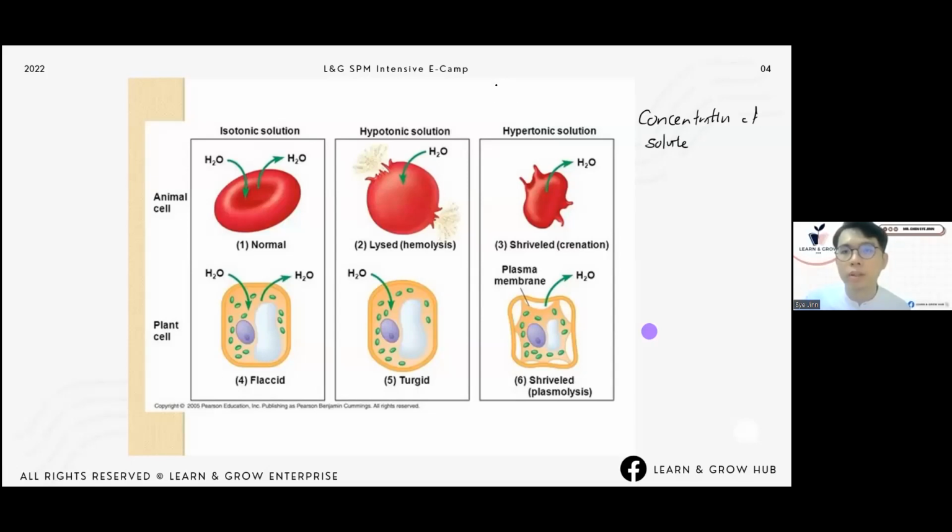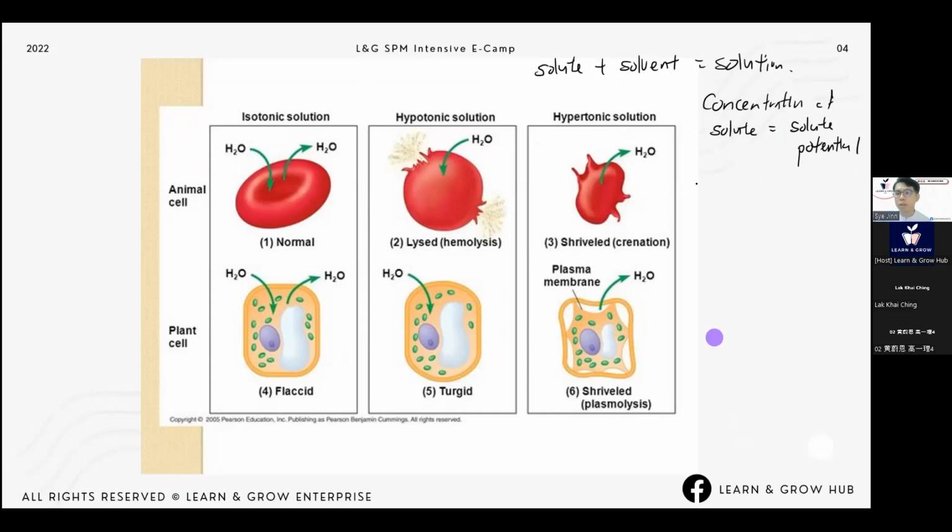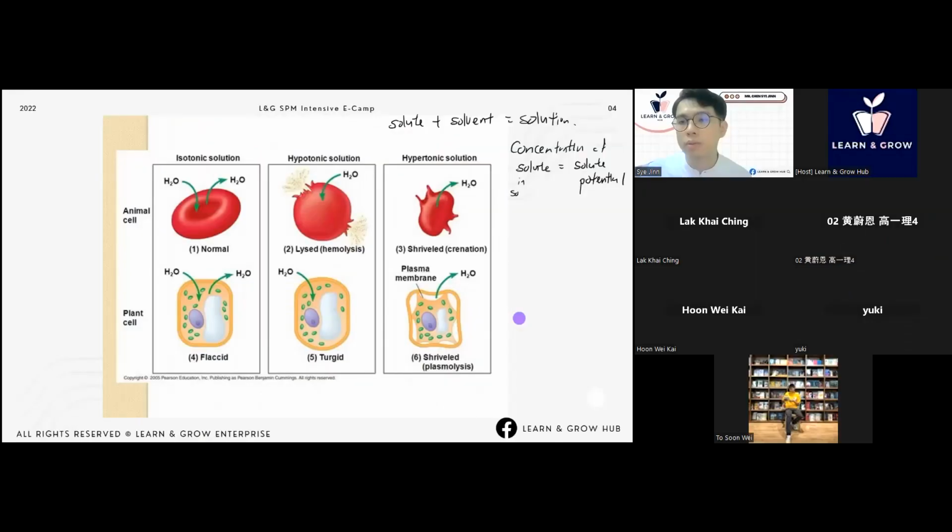And the formula is what? In chemistry, we learn solute plus solvent equals solution. So normally everything in reality is a solution. Concentration of solute means solute potential. It is the concentration of solute in solution.